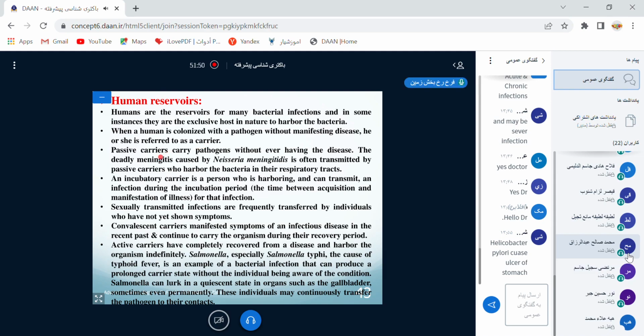Passive carriers carry pathogens without ever having the disease.